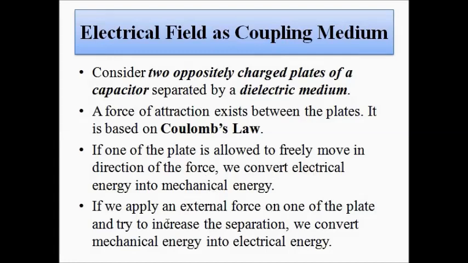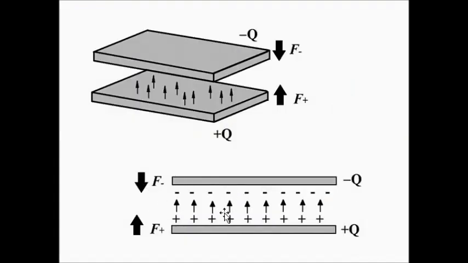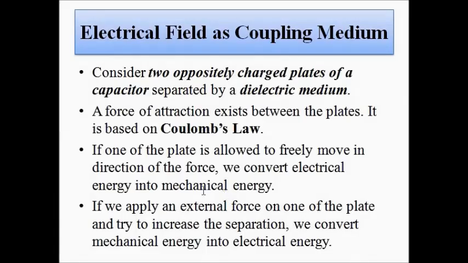And in the second case, we applied external force and increased or decreased the separation between the two plates. As a result of that, the capacitance changes and we converted mechanical into electrical energy. Okay, so we performed both conversions, electrical into mechanical and mechanical into electrical.